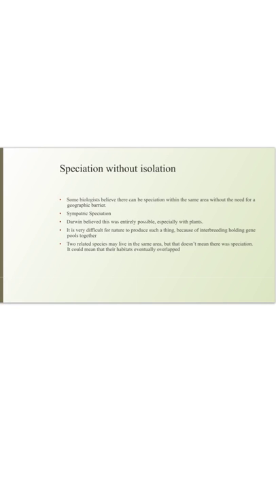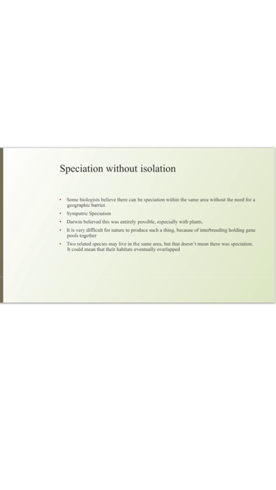Some biologists believe that there can be speciation within the same area without the need for a geographic barrier. This concept is called sympatric speciation. Darwin believed that this was entirely possible, especially with plants. It is very possible, but very uncommon in nature. It is very difficult for nature to produce such a thing because of interbreeding, holding gene pools together.